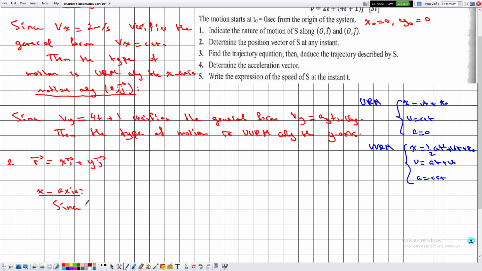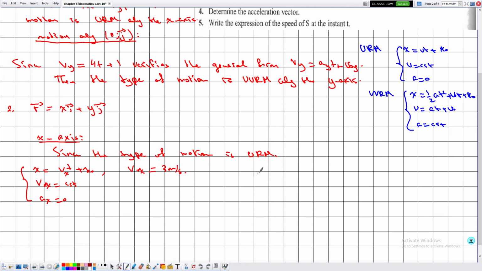Now since the type of motion is URM, we can say that x is equal to Vt plus x0, V of x is equal to a constant, and A of x is equal to 0, and given that the general form of V of x is equal to 3 meters per second, in this case x is equal to 3t plus x0.